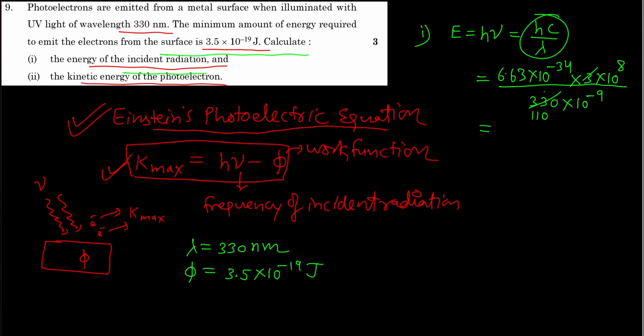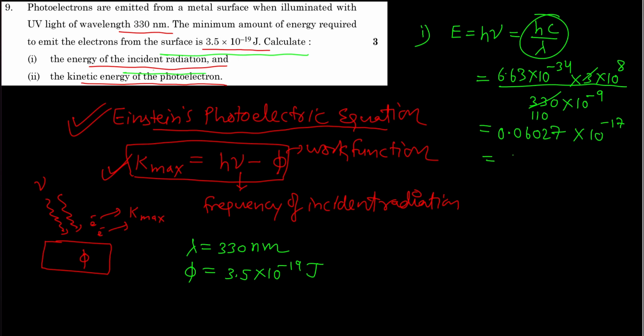It will be 0.06027, multiplied by 10 raised to the power: plus 8 and plus 9 will be 17, and minus 34 plus 17 will be minus 17.